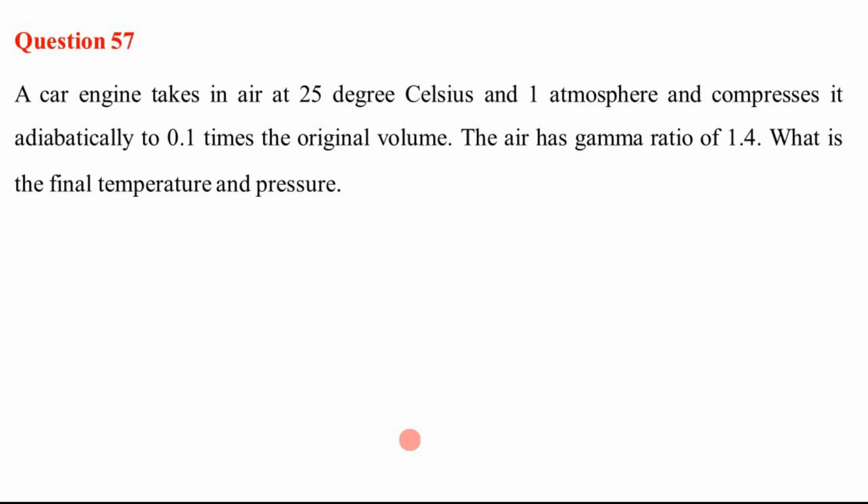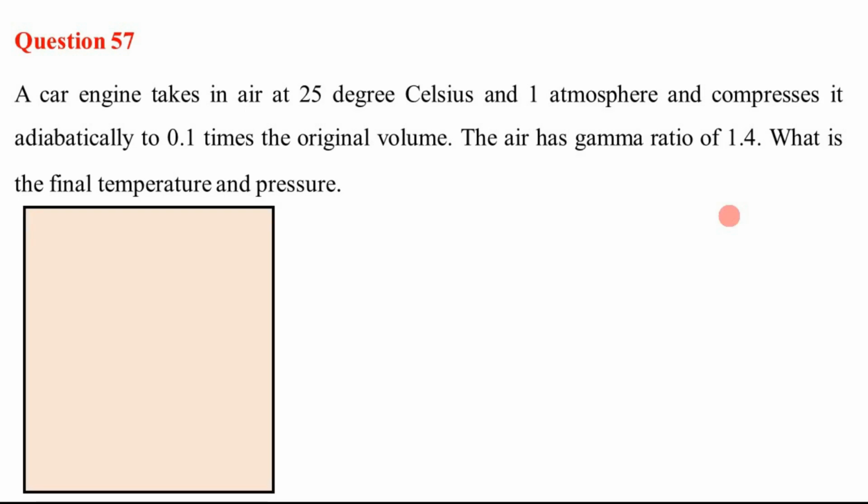It has a gamma ratio of 1.4. What is the final temperature and the final pressure? So here we will see the formula. Remember, we have derived the formula to calculate the final temperature and the final pressure for an adiabatic process. Here, of course, we don't have a constant external pressure. We have the reversible process.